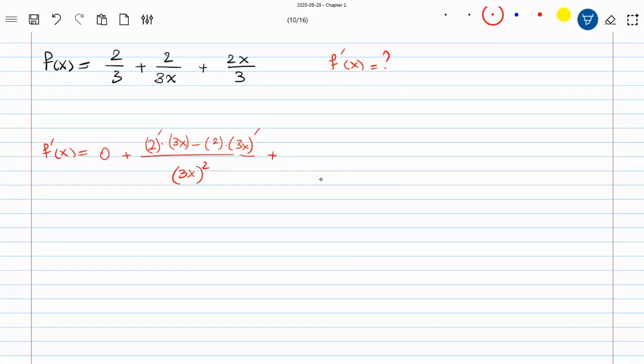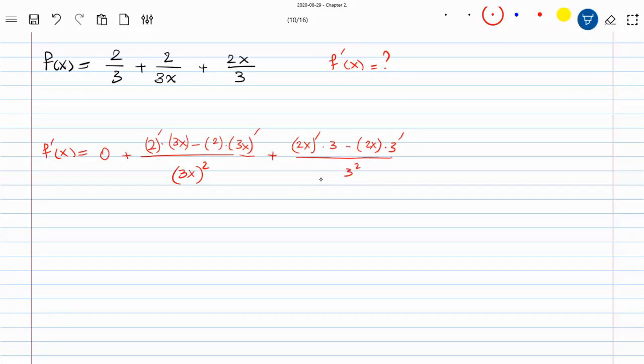You can use the quotient rule. You can say, okay, 2x derivative times the denominator minus 2x times the denominator derivative divided by the denominator squared.